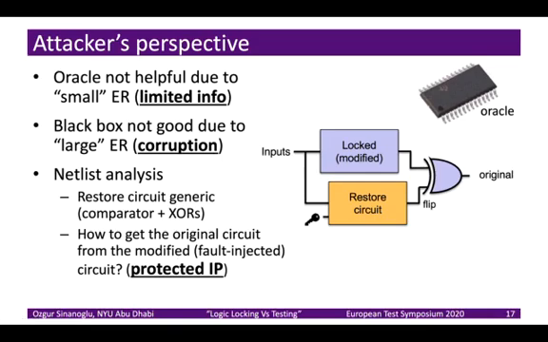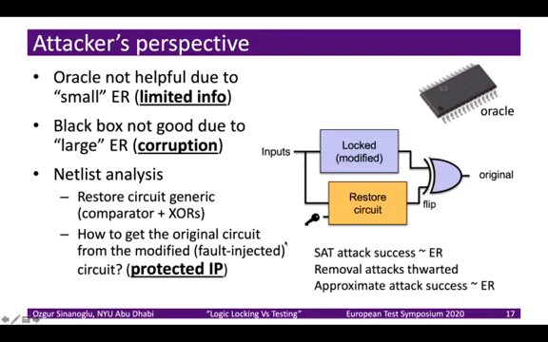How will the attacker know what gates were removed and where they were removed from, right? So we think that the attacker cannot do this, and we protect the IP that way. And then the SAT attack success and the approximate attack success are all functions of the error rate. Removal attacks are thwarted because we're protecting the IP.